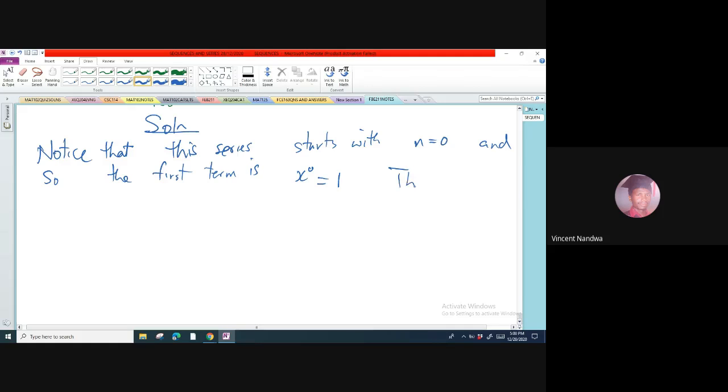So thus, the summation n from 0 to infinity of x power n will be 1 plus x plus x squared plus x cubed plus other terms.